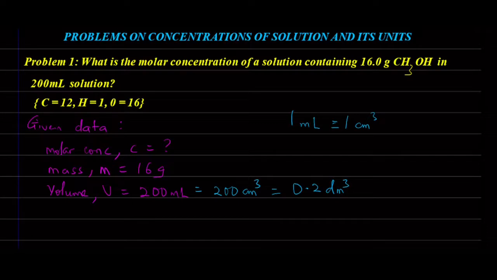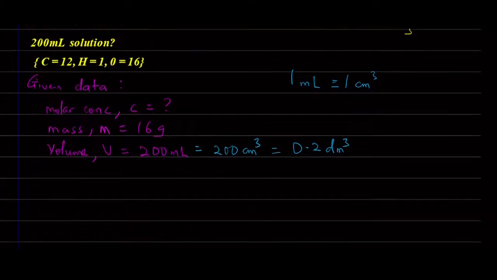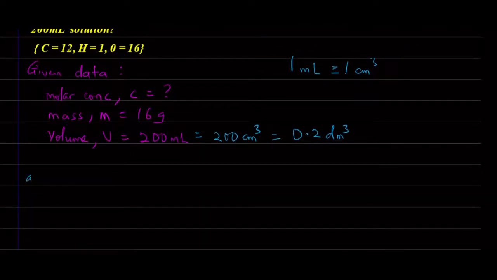Now the next thing is to convert the mass to mole. We can as well solve it by using the mass concentration method. So let's make it two approaches. In the first one, we need to get the molar mass, then solve for number of mole. Molar mass is going to be carbon, as we have it here, carbon is 12 plus hydrogen.